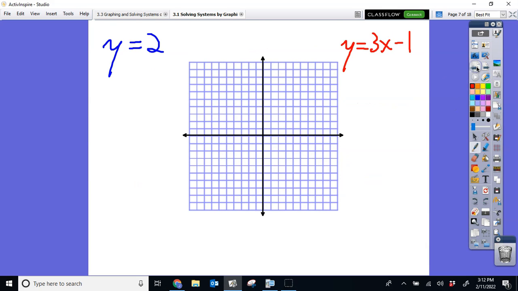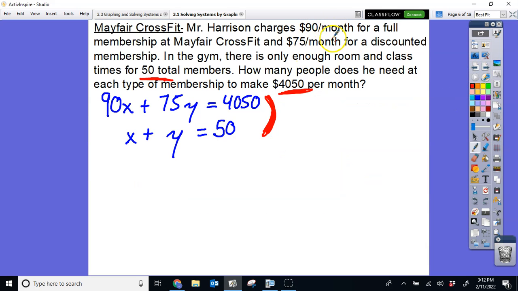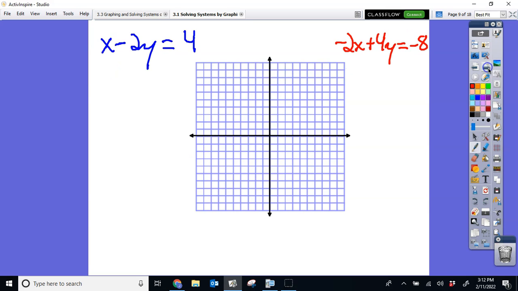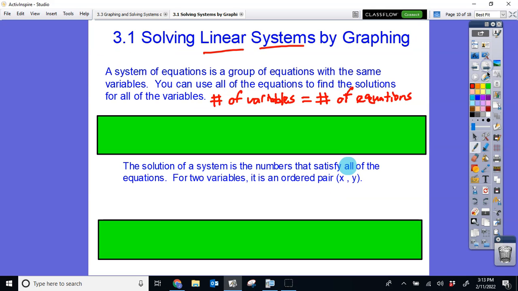I was looking for the number of full memberships and the number of discounted memberships. So this is a little different than what we did in the first chapter, where we were trying to find a solution that works for an equation. We may have just been working with one equation, and so we could have had infinite solutions.